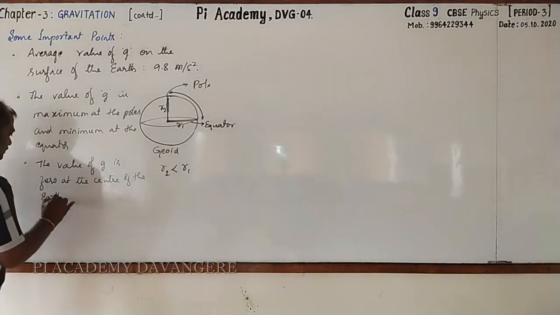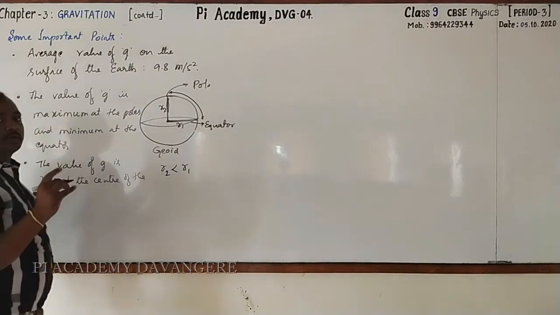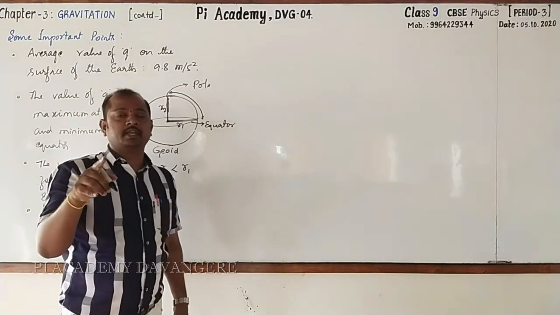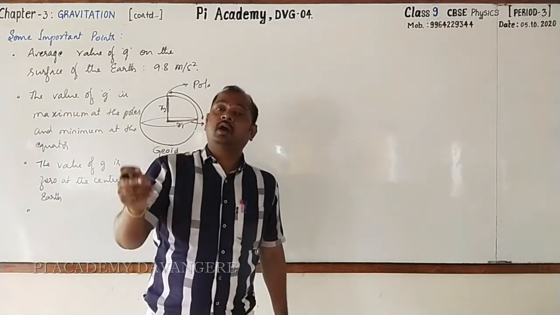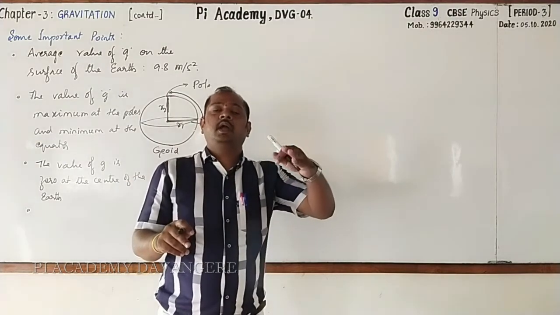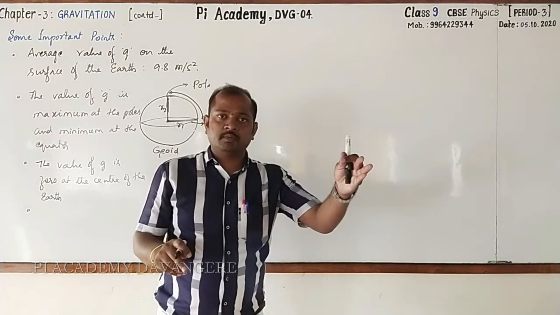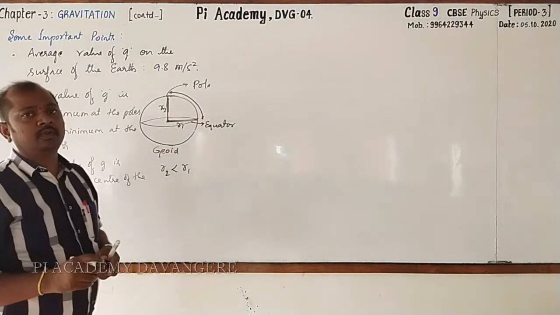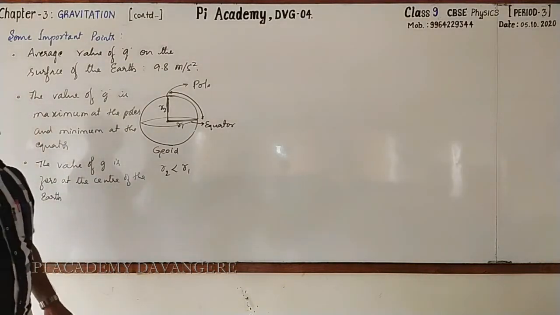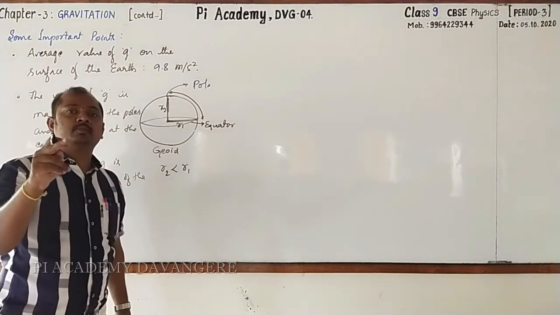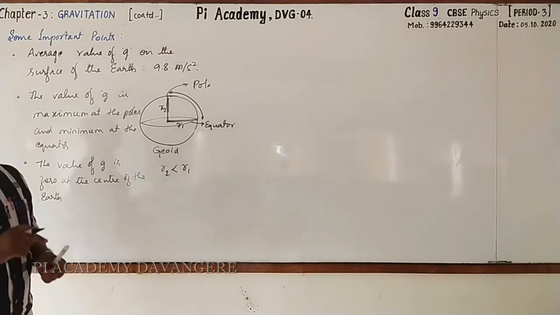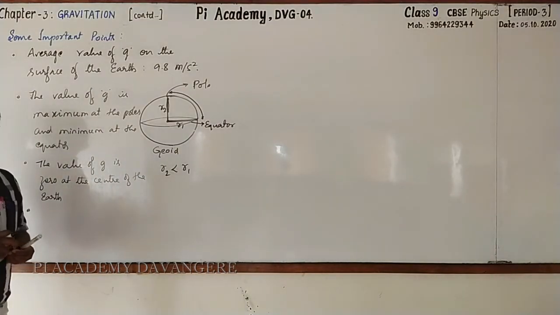Another important information is, when you compare the acceleration due to gravity on the surface of the earth and the acceleration due to gravity on the surface of the moon, we come to know that the value of g on the moon is 1/6 of the value of g on the surface of the earth.